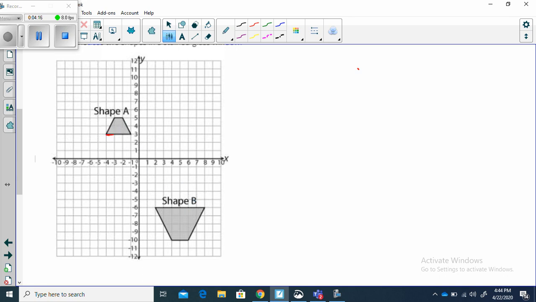This side here is 1, 2, 3 units long. Let's see how long its corresponding side is. See how these are both the long side on these trapezoids? 1, 2, 3, 4, 5, 6.